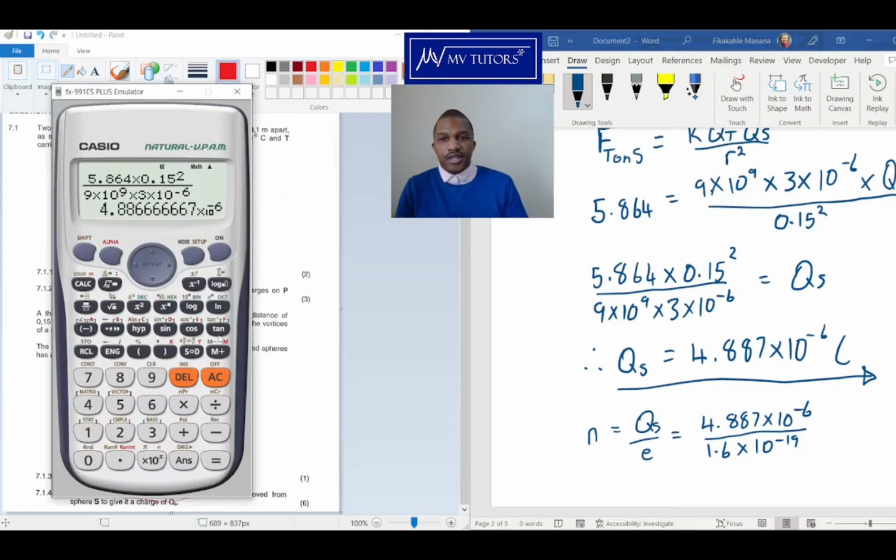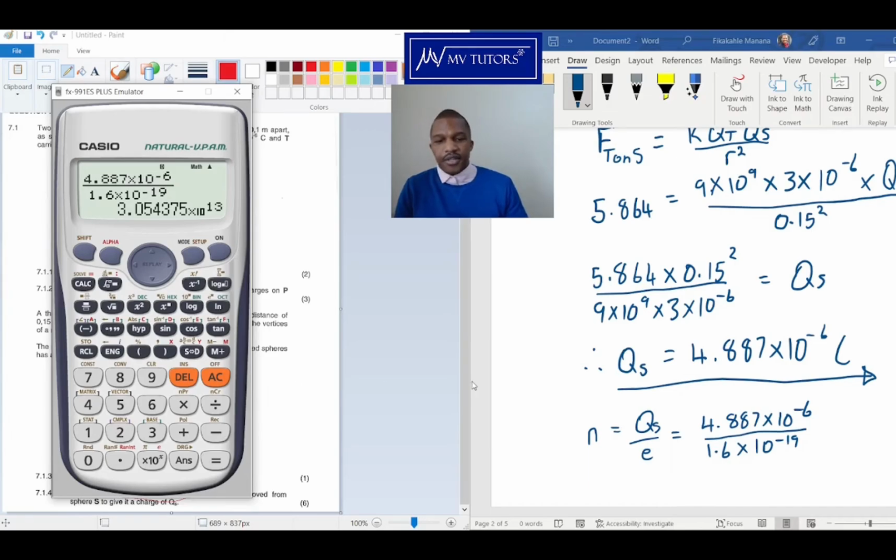Let's put this in a calculator. Fraction, we got 4.887 times 10 to the power negative 6. Come downstairs, we go 1.6 times 10 to the power negative 19.